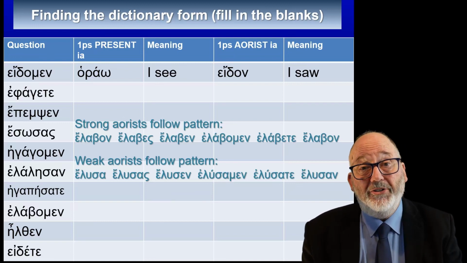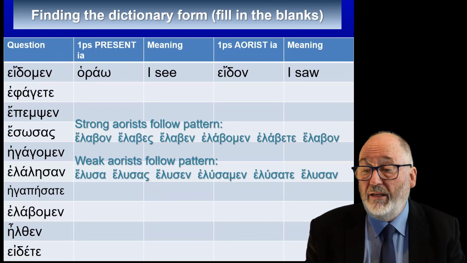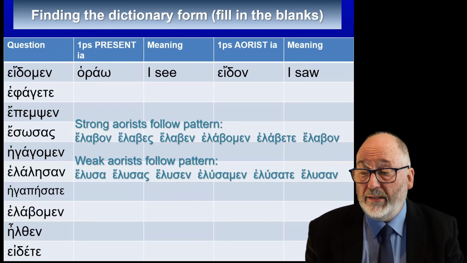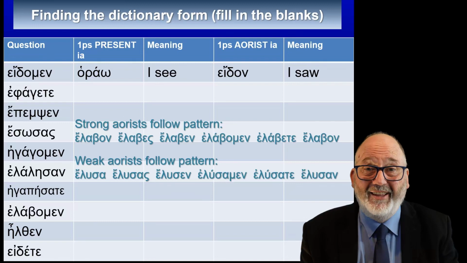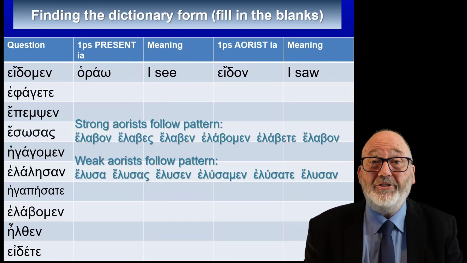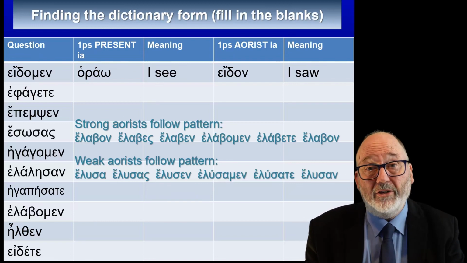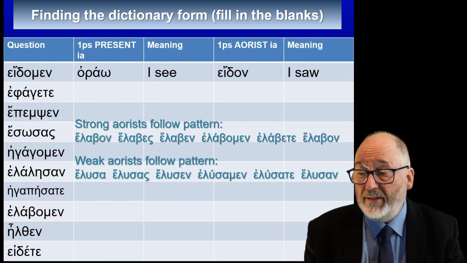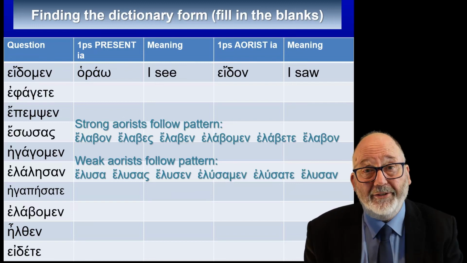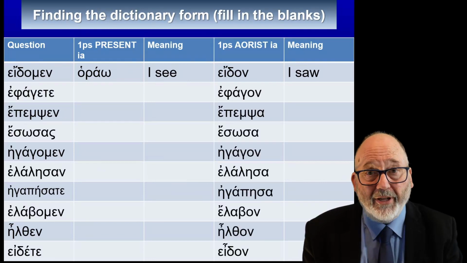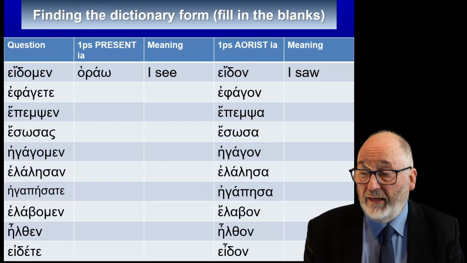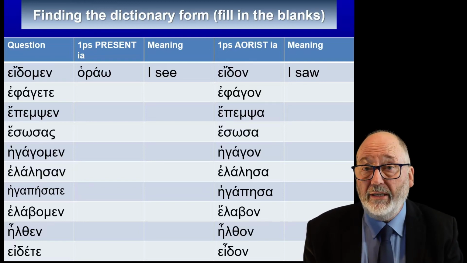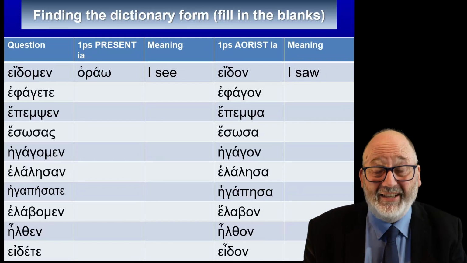Now, what I suggest you do is to fill in the third column, the first person singular aorist indicative active. And why don't you have a bit of fun with this? Why don't you pause the video and work out what you think should be in that column, and then when you start the video again, you will find the answers. Okay, well, I've listed down there in the first person singular aorist indicative active exactly that.